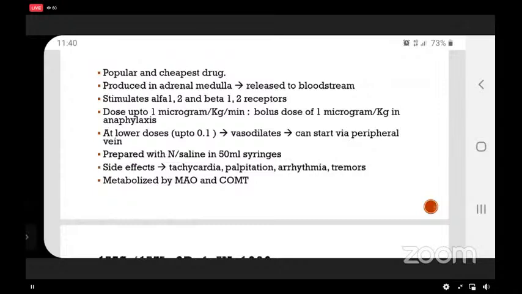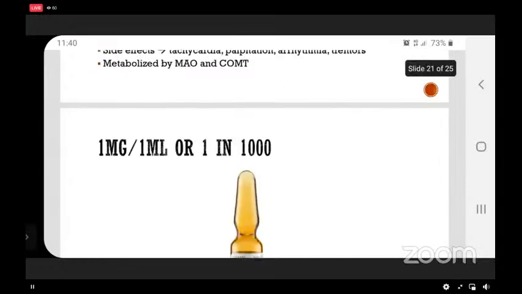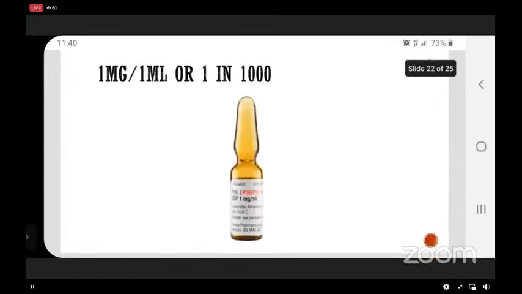It is metabolized by monoamine oxidase and catechol-O-methyltransferase systems. So this is the adrenaline ampule. It comes as 1 milligram in 1 ml, or we call it 1 in 1000 solution.